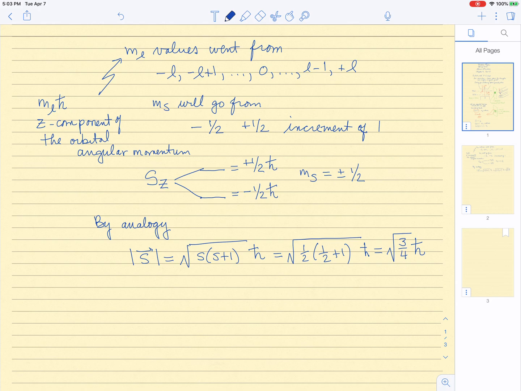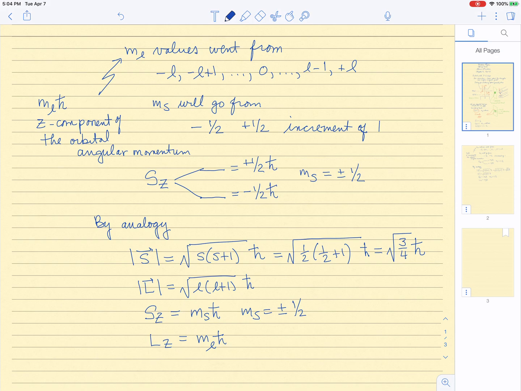That's an analogy to the magnitude of L equals the square root of L times L plus 1 h bar. And then s sub z, as we said above, is equal to m sub s h bar, where m sub s is equal to plus or minus 1/2. And again, that's an analogy to L sub z equals m sub L times h bar.